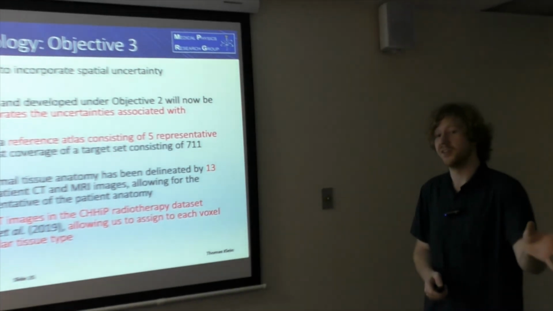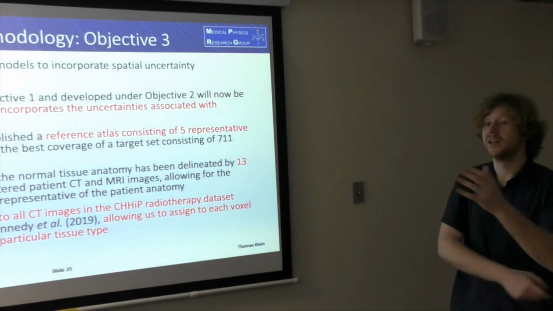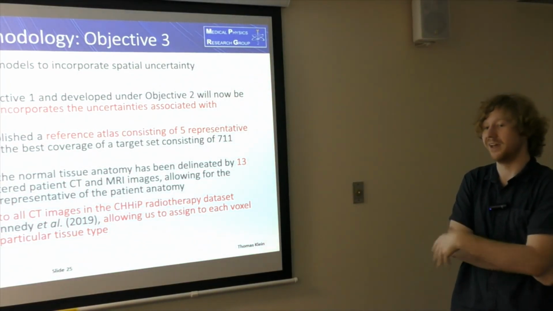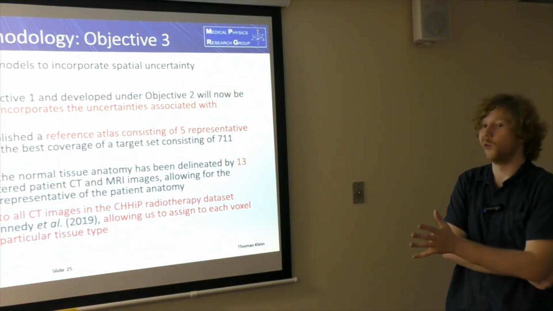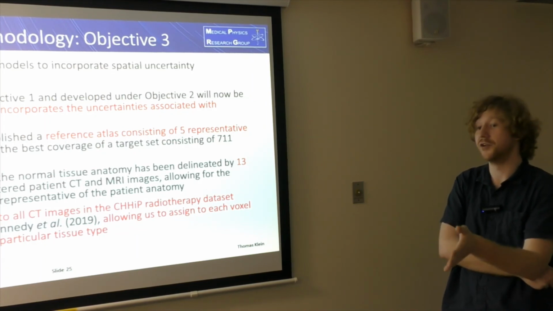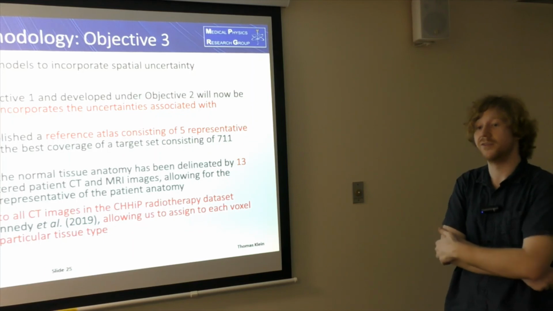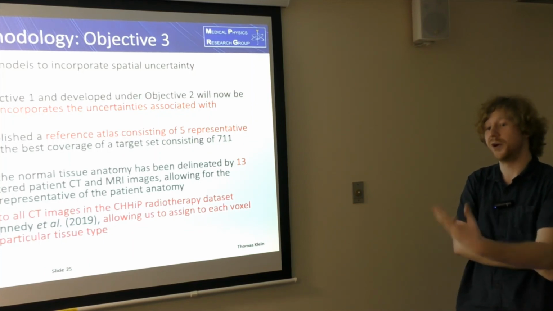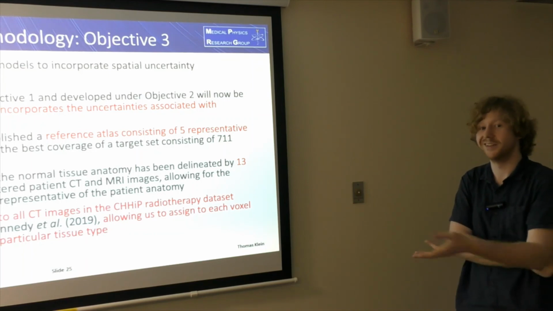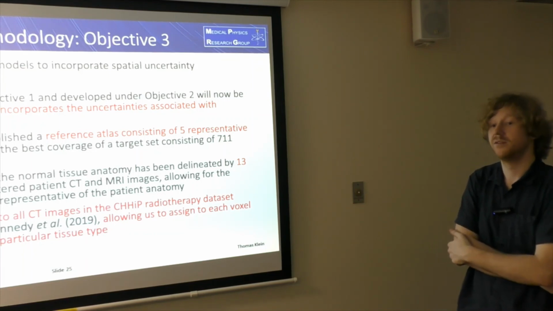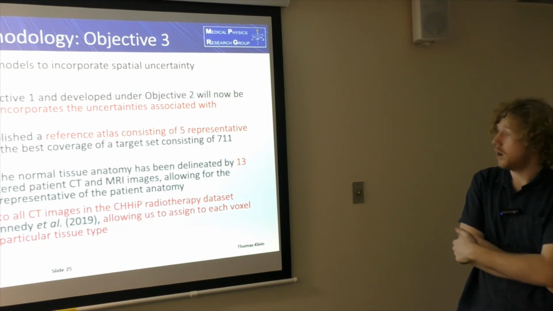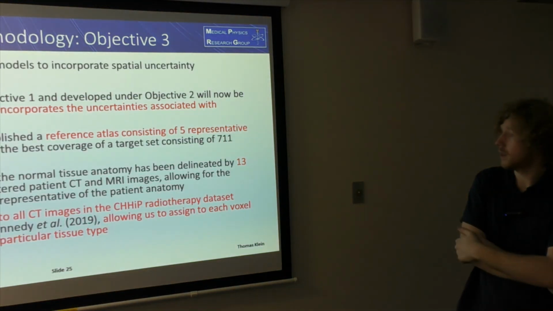There are subsets of the data that were planned with IMRT, so that will have to be introduced as a covariate into modelling. But the whole point is that because there's so much diversity in the treatment technique, we have a diverse dataset for training with diverse sets of features, which we're hoping will allow these models to be exported more readily than previous models. This representative dataset you're talking about is not the whole CHIP study?